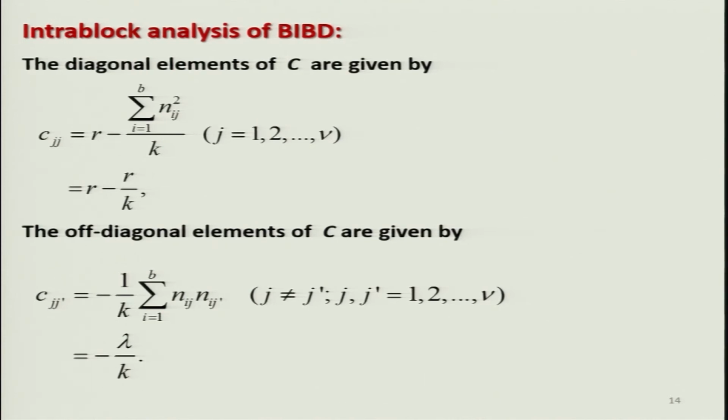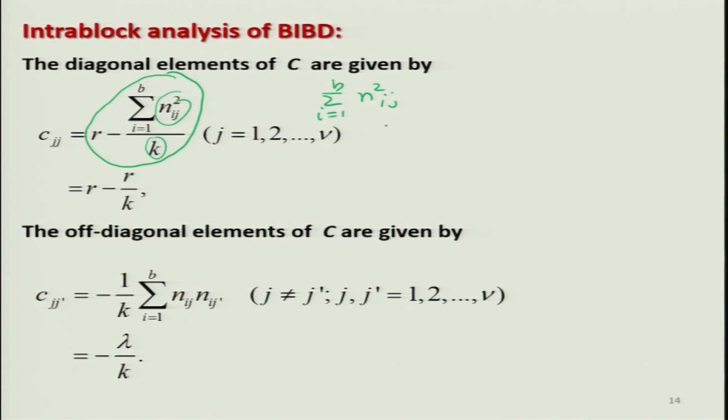So, the diagonal elements of C, if you remember the incomplete block analysis where we obtained Cjj and Cjj prime in the initial part of the incomplete block design chapter, we had obtained that Cjj was R minus summation i goes from 1 to b of n square ij upon k. Right. Now, let us see what is the value of this quantity, summation i goes from 1 to b of n square ij.